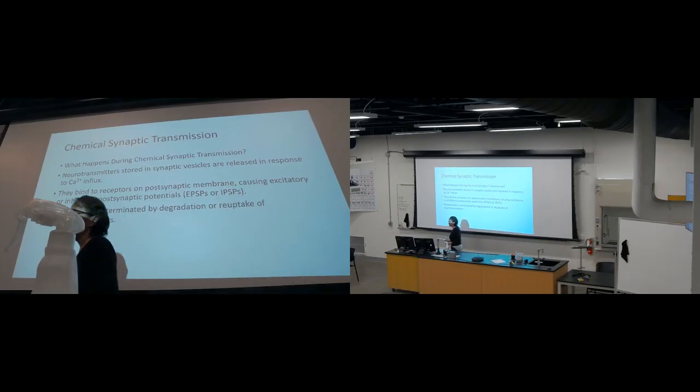So excitatory will lead to depolarization of the postsynaptic cell, excitatory postsynaptic potentials. And then inhibitory will lead to the opening of chloride channels. Chloride has a negative charge. So when you open chloride channels, chloride comes in, and then that reduces the voltage in the cells.